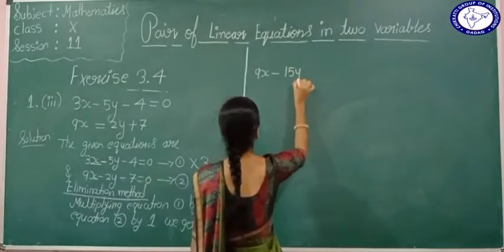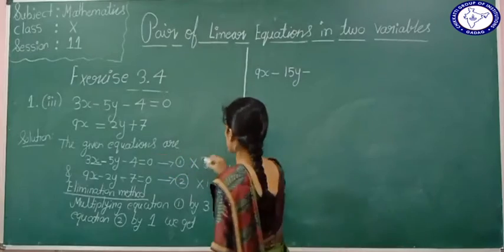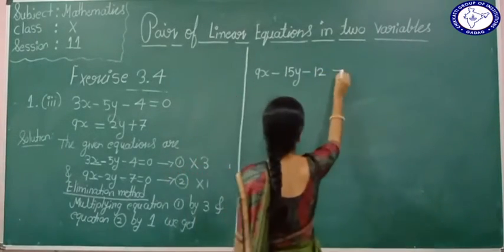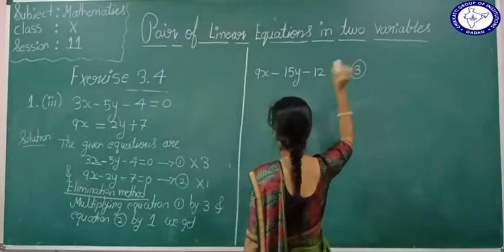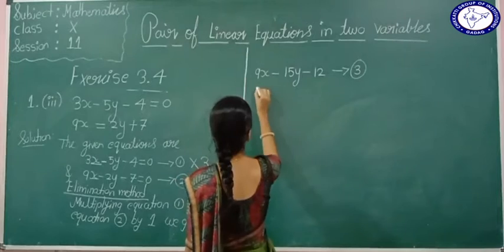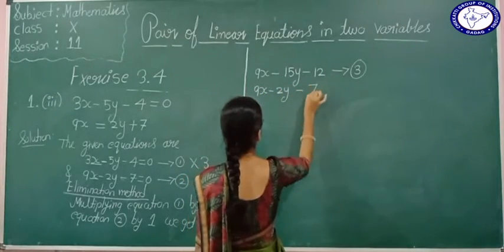That is minus 15y minus 4 3s are 12. Okay, this is nothing but equation number 3. Next, multiply equation 2 by 1, that is 9x minus 2y minus 7.